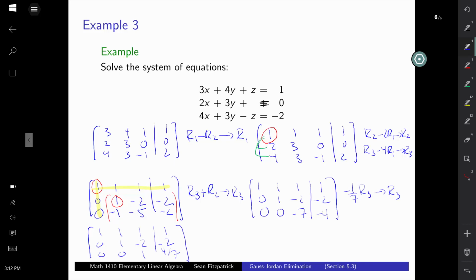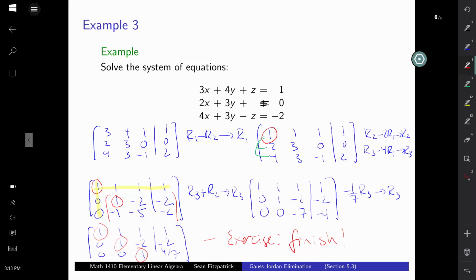Okay. This is in row echelon form. I've got my leading 1s, leading 1, leading 1, leading 1. I'm going to give you guys the exercise of finishing. You've got two choices for finishing this guy off.